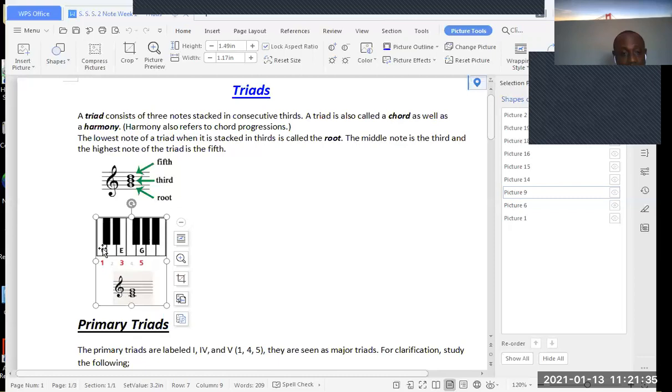You have to arrange your fingers in such a way that there is going to be a gap. The first note, you have your thumb, then leave finger 2, then you go to finger 3, then leave finger 4, you use finger 5, and therefore the three of them are sounded together.